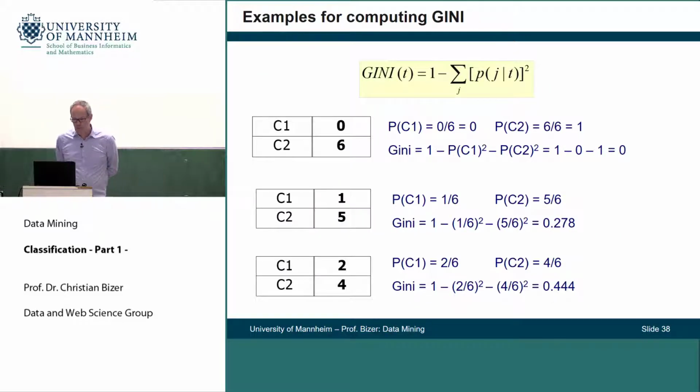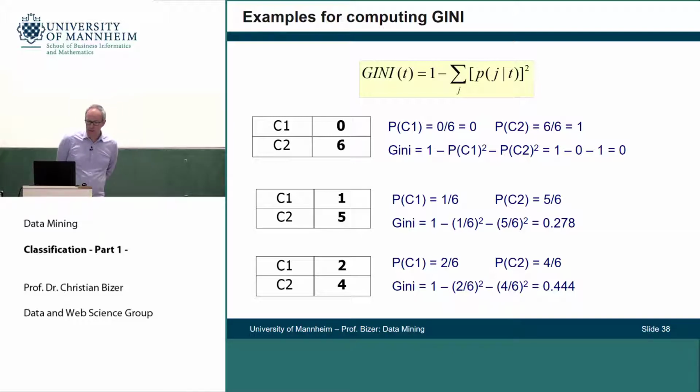Some concrete calculations. The relative frequency of class 1 would be 0, so 0 records of class 1 divided by the number of examples in this bucket.